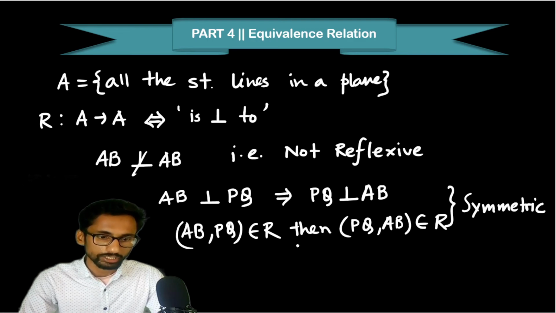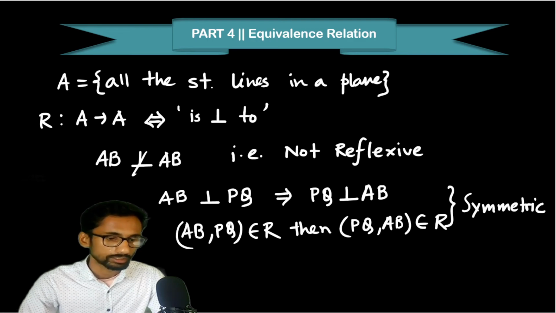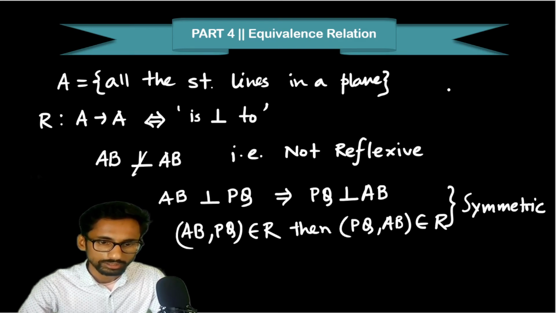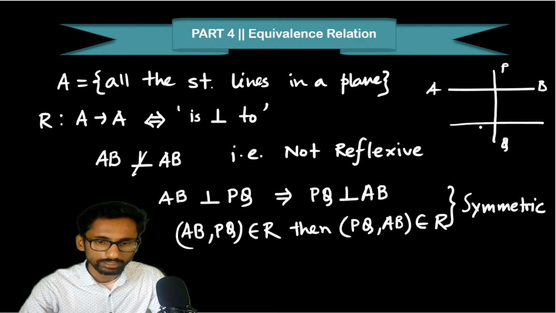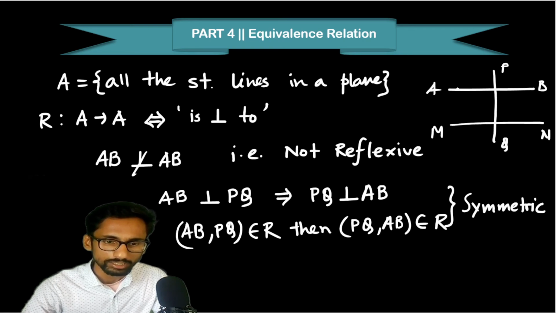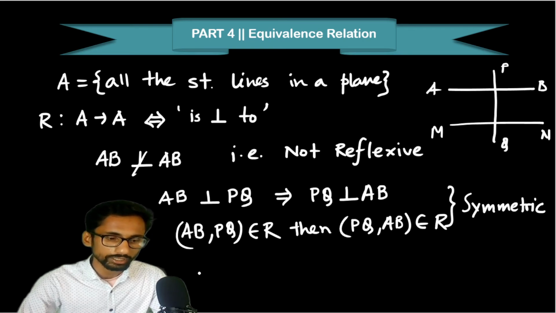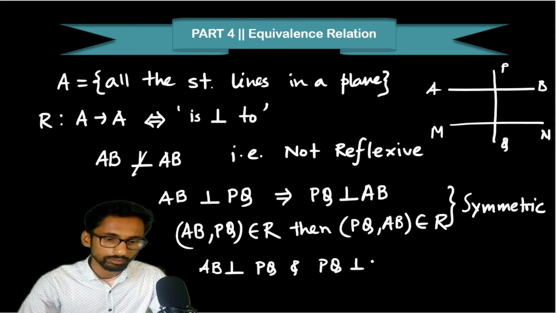Now the third condition, is it transitive? For that we need to consider three straight lines. Suppose this is the straight line AB, this is the straight line PQ, and we are considering the third straight line MN. So in this case we can say that AB is perpendicular to PQ and PQ is perpendicular to MN.